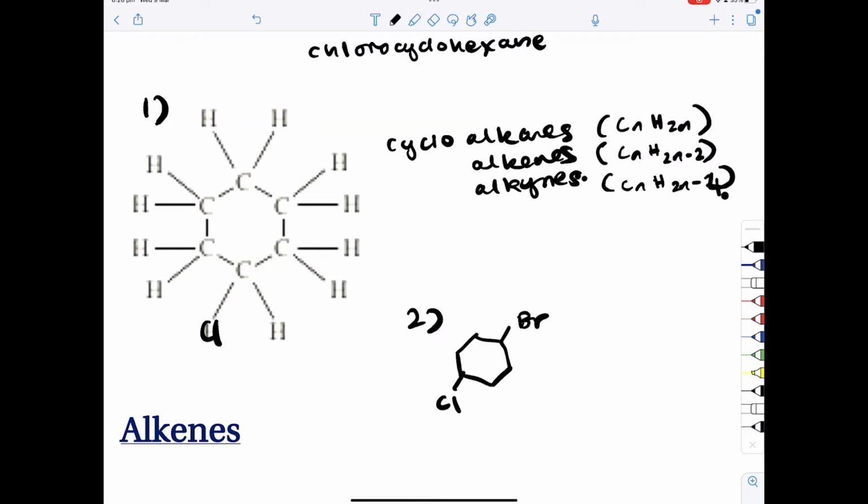Now, to answer my question, the way you answer it is you have to ask yourself another question. If I move this chlorine, what would it be called? So right now, Mahir is saying this is 1 chlorocyclohexane. Mahir, if I move the chlorine to this position, what would you call it then? The same thing.